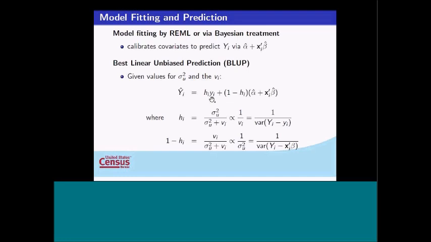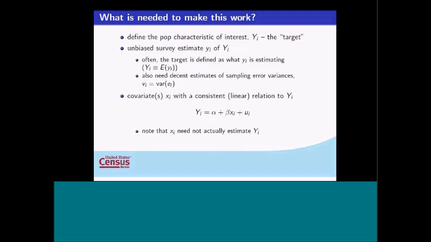And if the sample is very large, the sampling variance goes down, and almost all the weight gets put on the direct survey estimate. So that's small area estimation in a nutshell, and you can have fancier models, nonlinear models, but the general principles are the same.